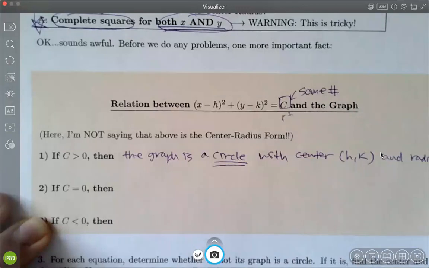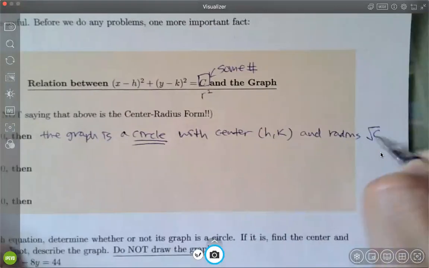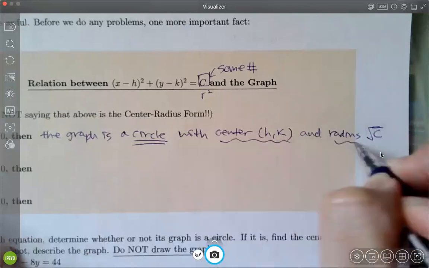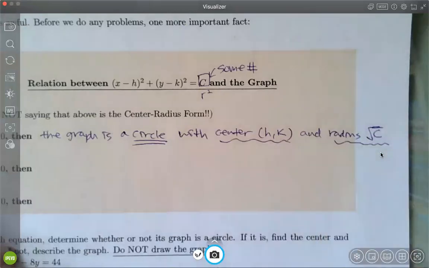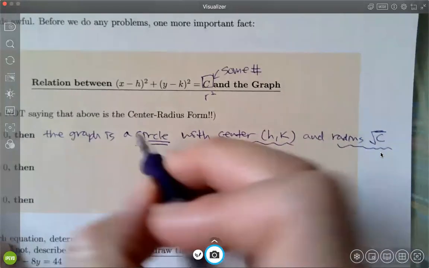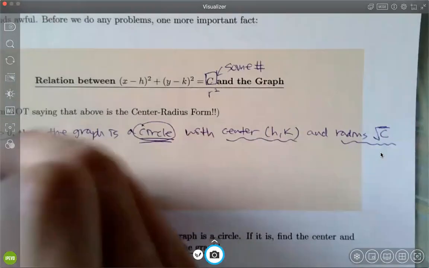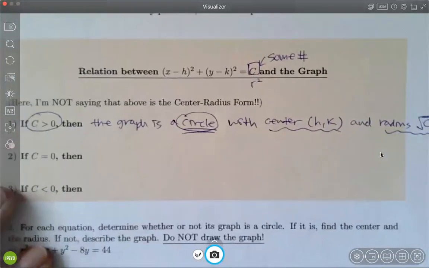You need to square root it, right? So the radius is equal to the square root of c. So when c is positive, the graph is a circle.